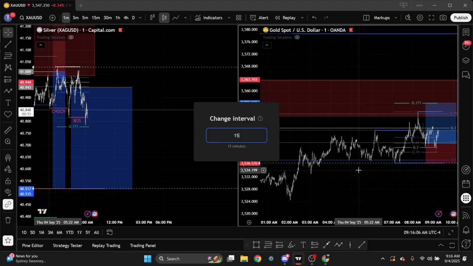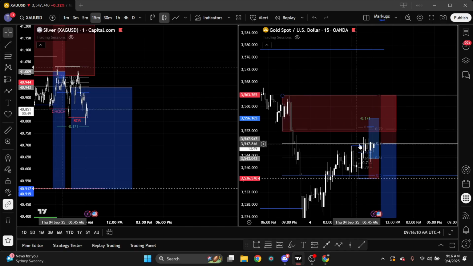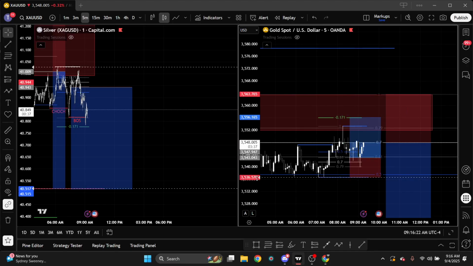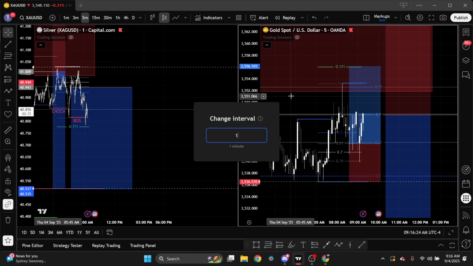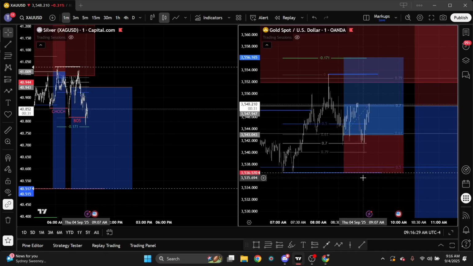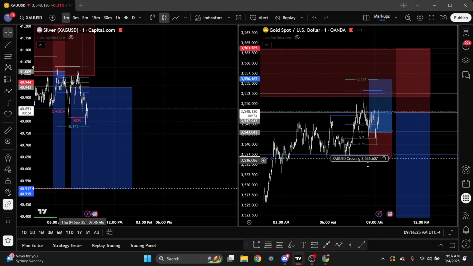So what I did was I drew my 15-minute. This high right here, bam, got broken. This is the low. So I drew my fib from this low to this high. Went down to the 1 minute, because all I'm looking for is just a tap like this, bam. And then continue to ride the wave up to that supply zone.